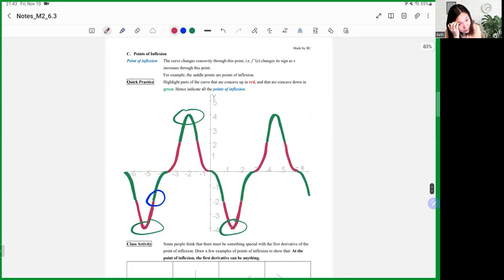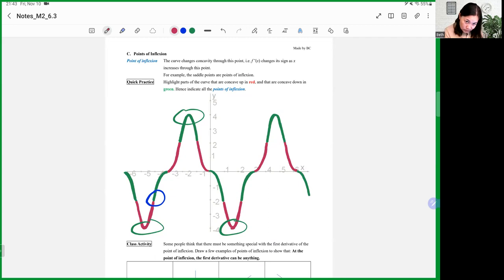We have the second part. It's also about concavity, but this time we do not focus on the maximum and minimum. This time we focus on these more subtle points where there is a change of concavity.